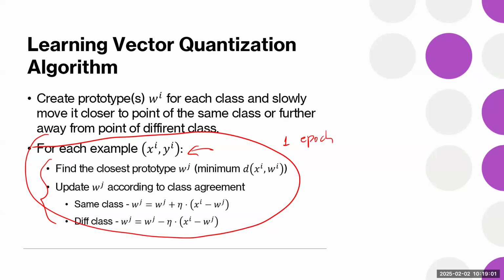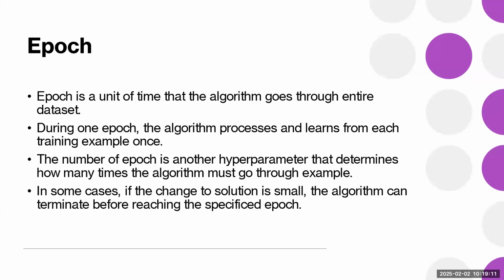It's the unit of time in machine learning. So when we go through all examples once, that's one epoch. And the epoch is going to be one of the hyperparameters, depending on how many times you want to update the prototype. You want to go through all examples how many times, then you can set the number of epochs.